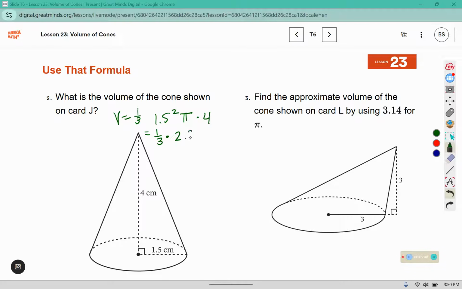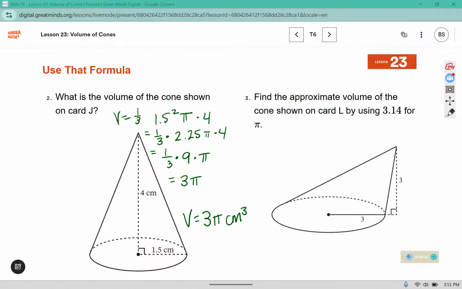That is 2.25. Then we'll multiply that by 4, which is 9. A third of 9 is 3. So the volume of this cone is 3 pi centimeters cubed. Remember, volume is units to the third power.